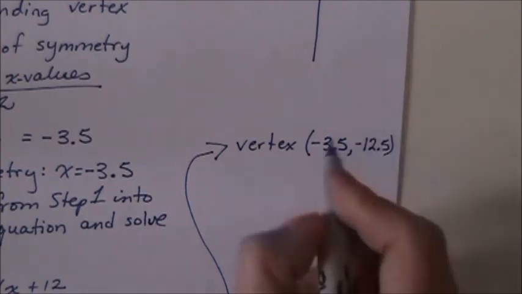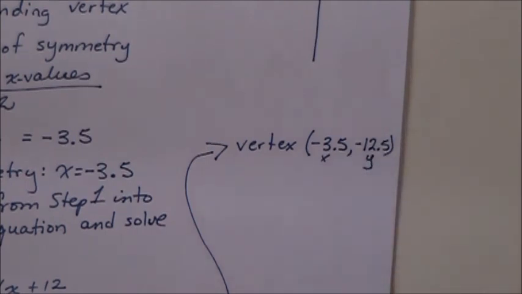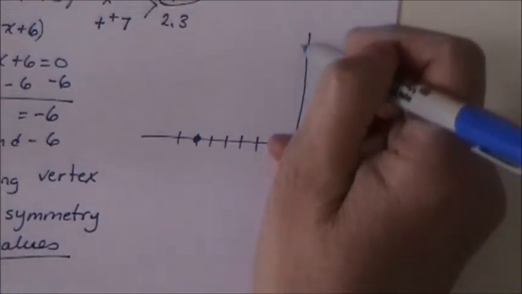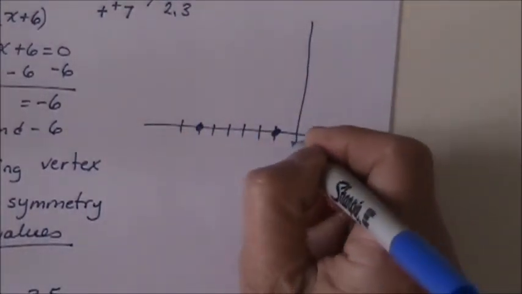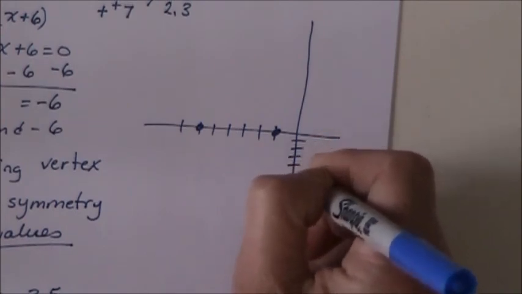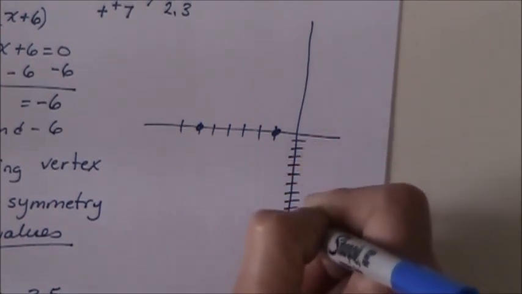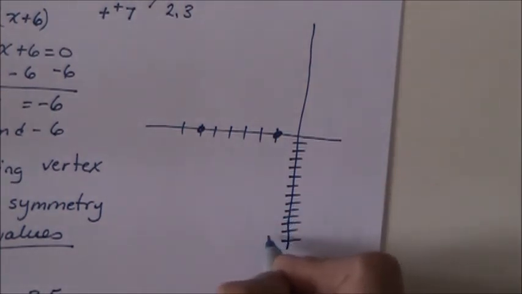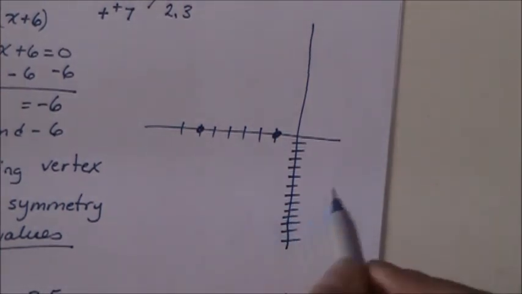So this now tells us, here's our x, here's our y, that we are looking at our graph coming this direction. So 1, 2, 3, 4, 5, 6, 7, 8, 9, 10, 11, 12, 13. So negative 12 and a half.